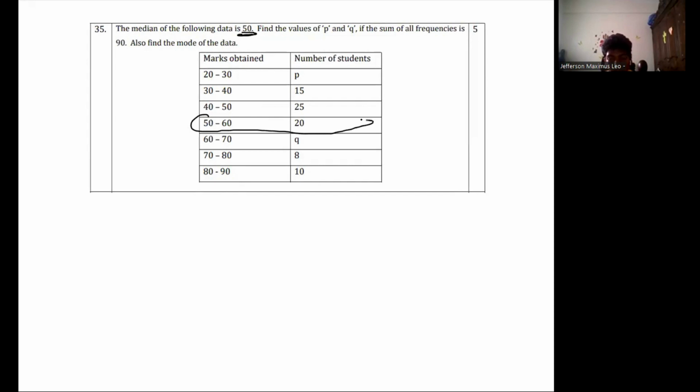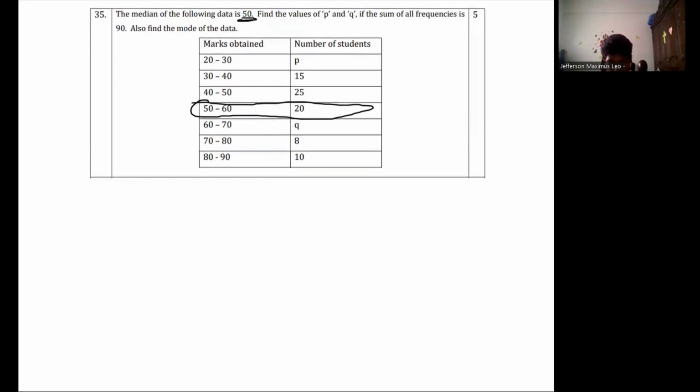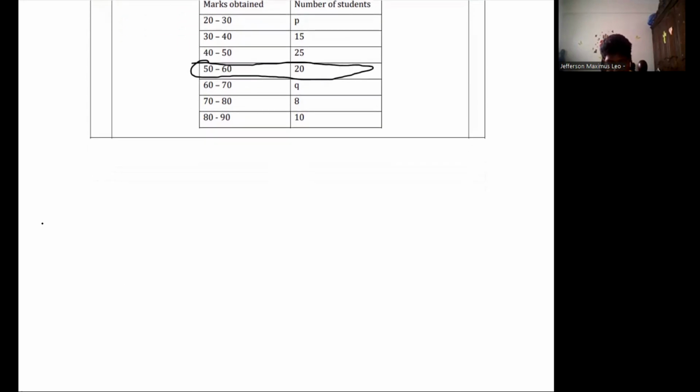This is the median class. So what is the median formula? L plus N by 2.